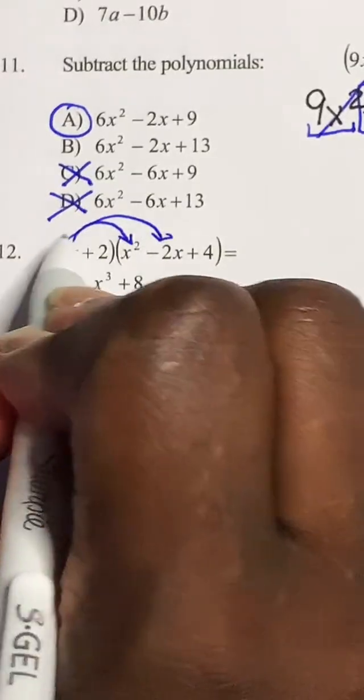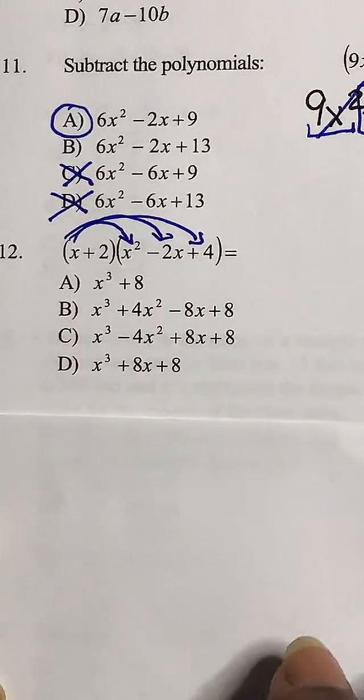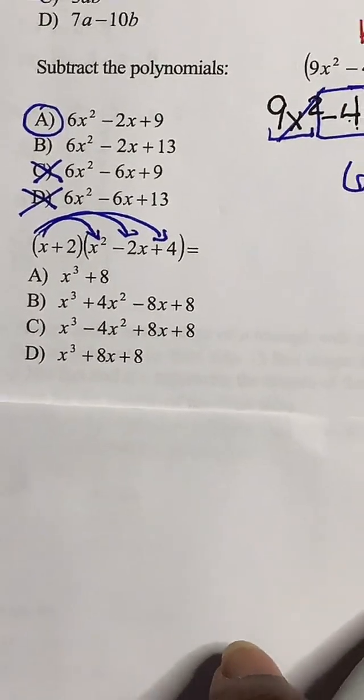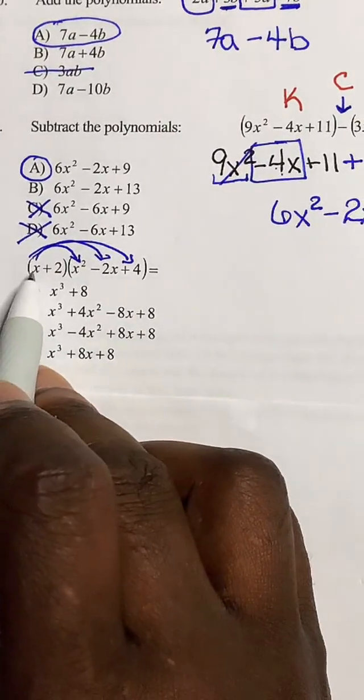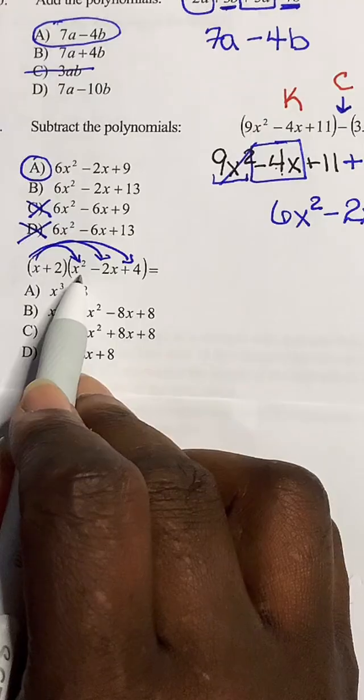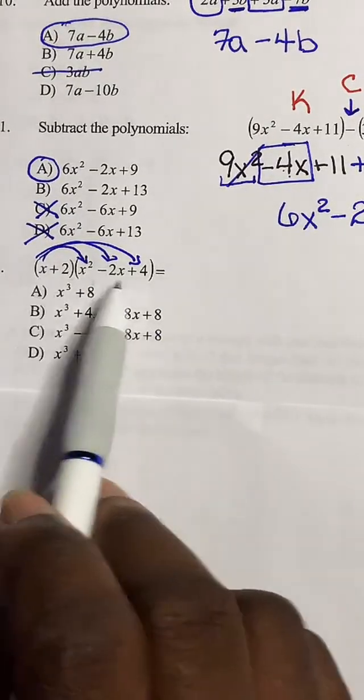So what you can do is distribute. But let me show you. If you distribute, I'm taking this first x and I'm distributing and multiplying it to everything in the second parenthesis.